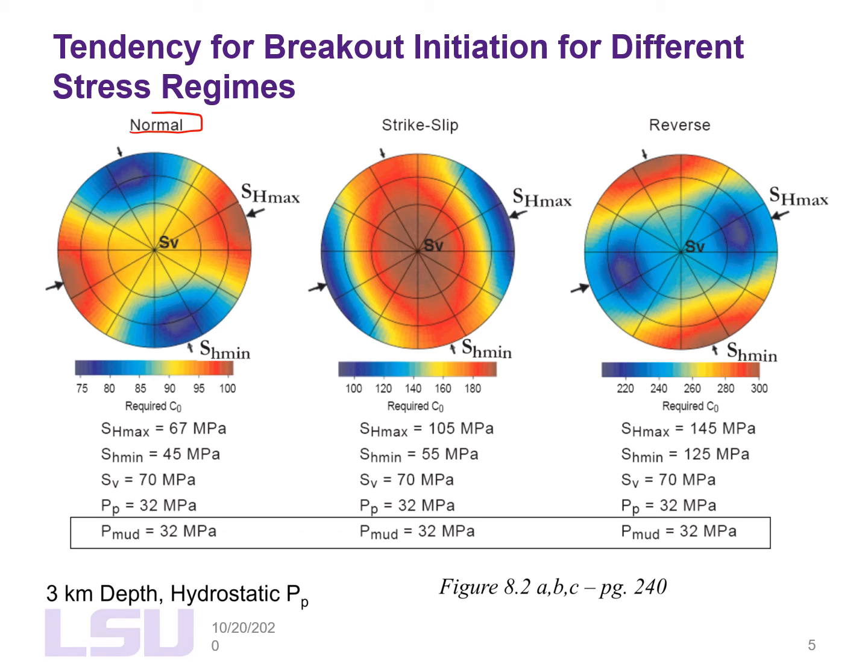And now we're looking at the results for the Andersonian fault regimes. So in the normal faulting regime, using these parameters, we can calculate the required UCS. Again, this is the UCS required before the well will fail.